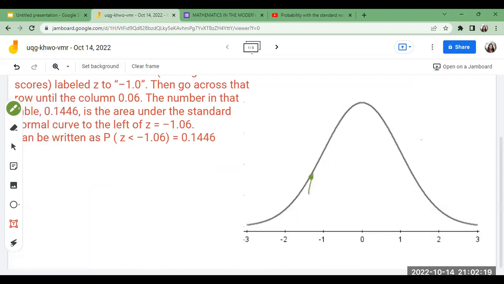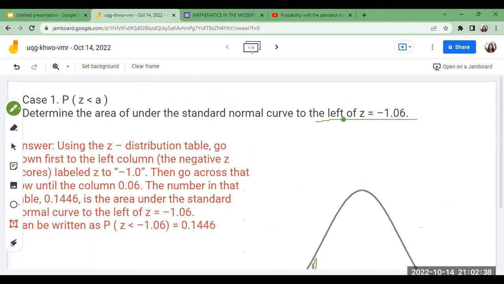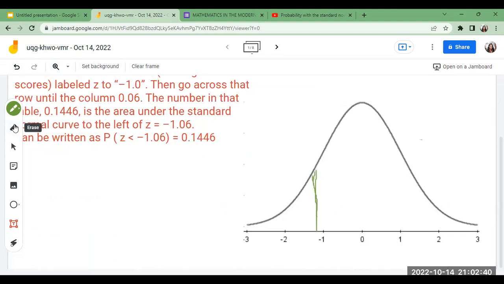Okay, so we'll just estimate. Sorry, it's hard to draw. Let's say that's a straight line. And then what we're going to do is shade the left part. So just shade the left part. Okay, so just shade this one.